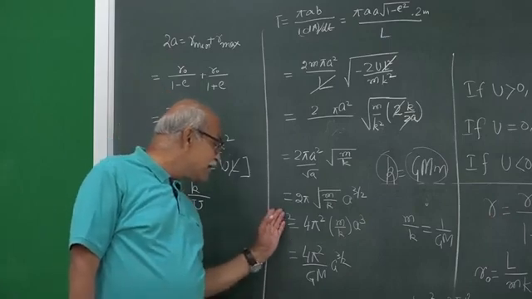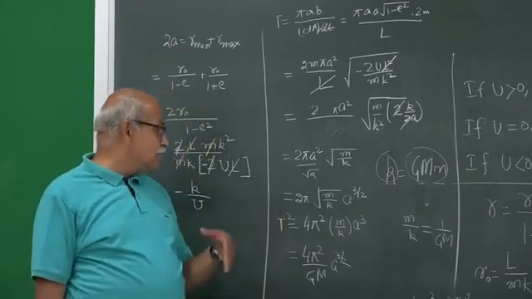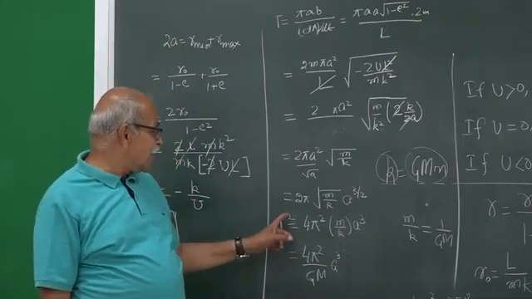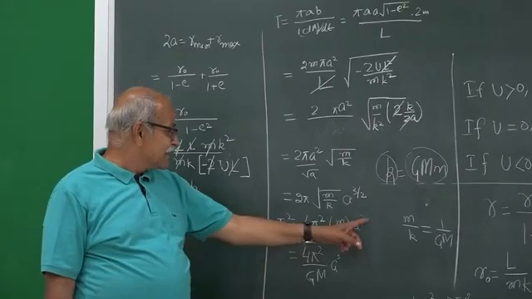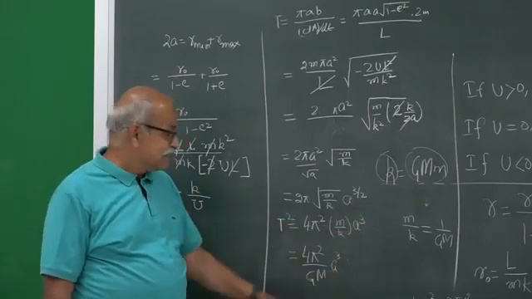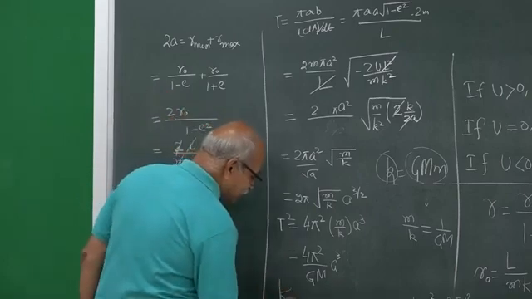Square of the time period is proportional to the cube of the semi major axis. This is Kepler's third law.